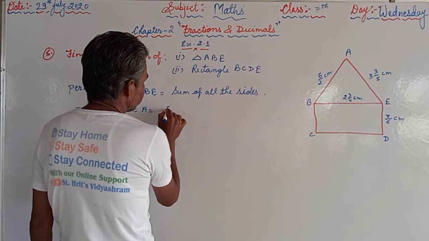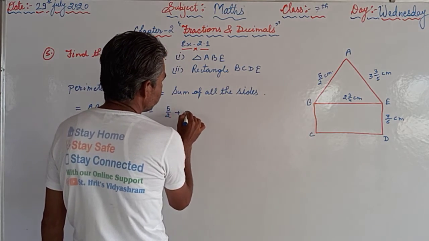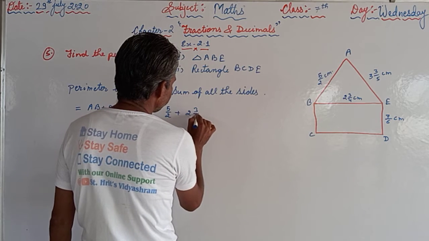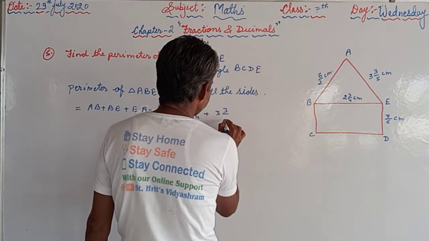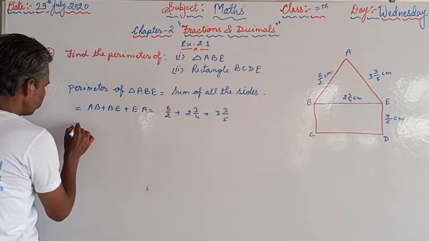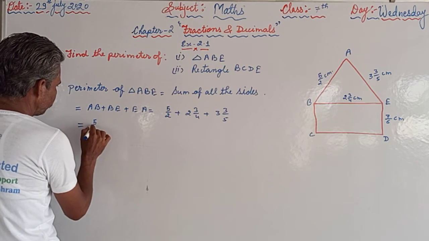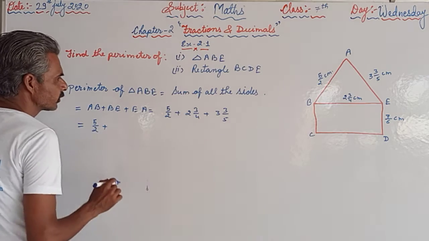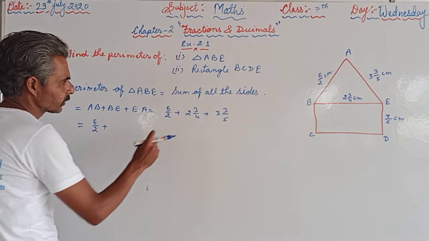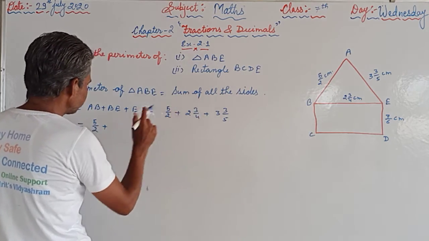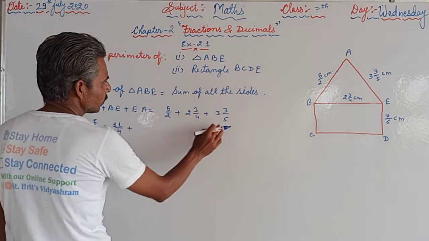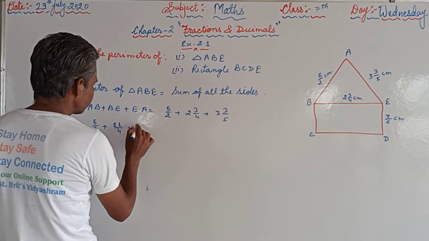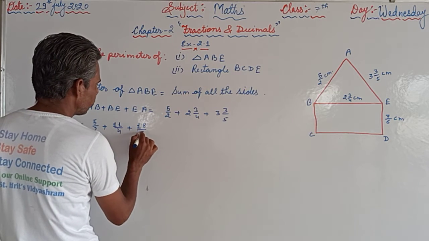AB is 5 upon 2, plus 2 and 3 by 4, plus 3 and 3 by 5. Now we will convert the mixed fractions into improper fractions. 4 times 2 is 8, 8 plus 3, 11 upon 4, plus 5 times 3 is 15, 15 plus 3, 18 upon 5.